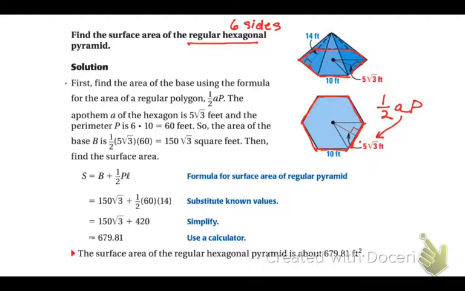I'll change colors. It's half of this. Here's your hypotenuse. The apothem is your other height, and you use your a squared plus b squared equals c squared. Actually, I shouldn't write it that way. I should write, come here.